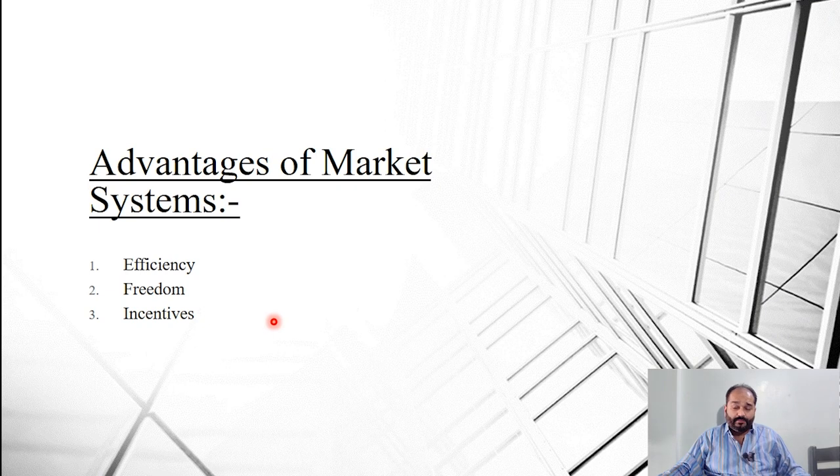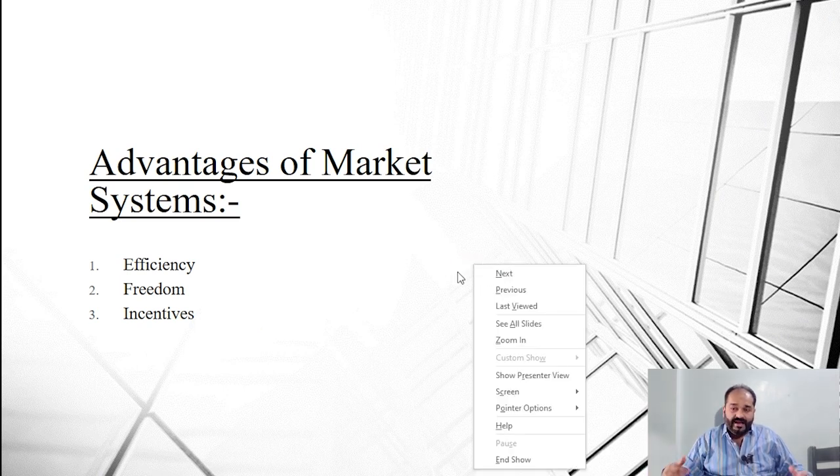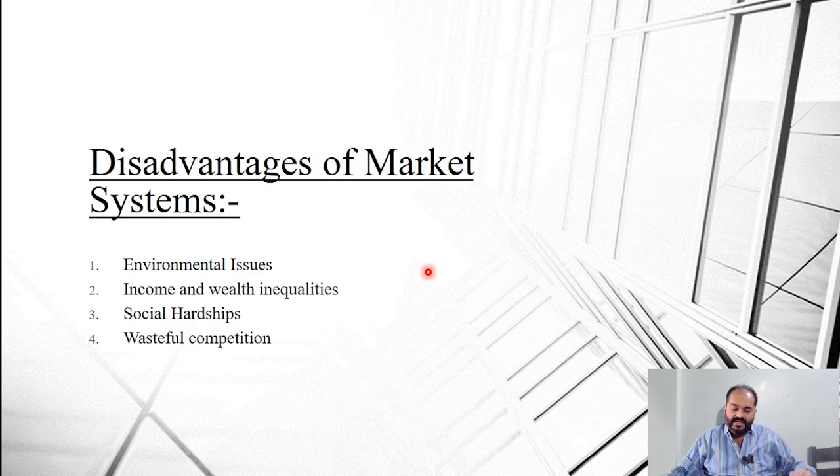Number two, income and wealth inequalities. So let's say somebody cannot perform very well, or does not acquire the skills to perform well, or the academic knowledge, and all of that. If he does not have the capacity to do all of that, then there will be inequality.